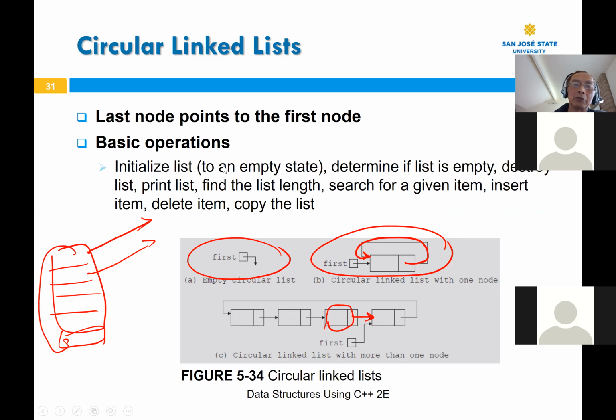And later on, when we're talking about queues, we will have a very similar situation with the circular linked list, because if you are a queue, you take the first guy out.